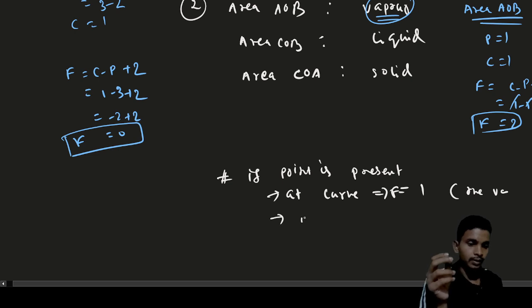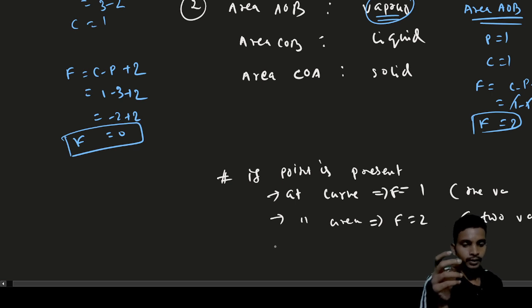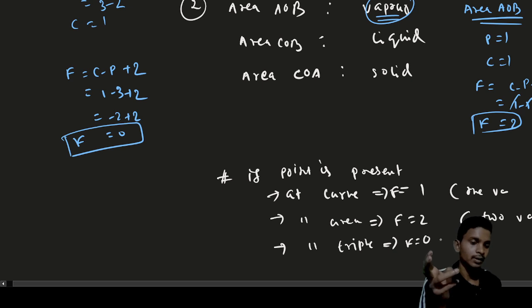At areas, F equal to 2, so we need two variables. And if it is present at points, that is triple points, then F equal to 0. It means no variable is needed.